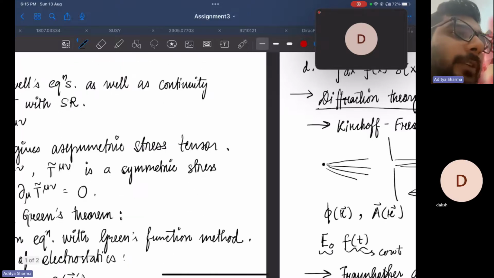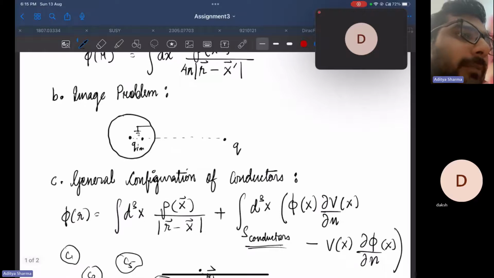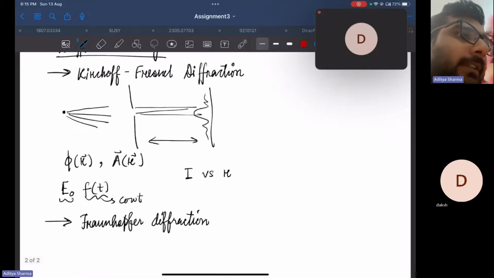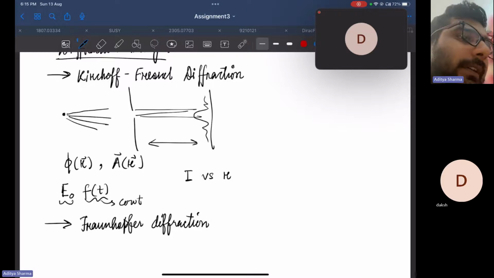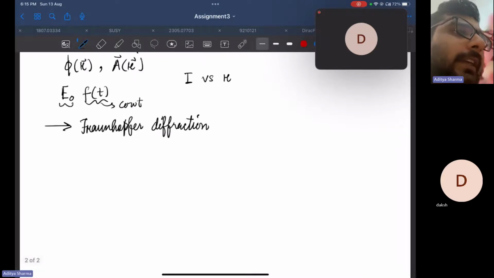So today we'll do some problems relating to these. I don't think we will do any problem relating to diffraction theory because it's a direct derivation. And there, if you want to find phi of r, it had some formula like this.